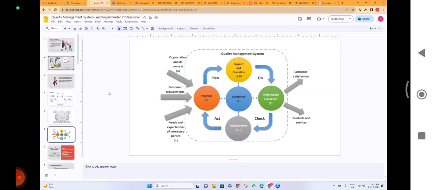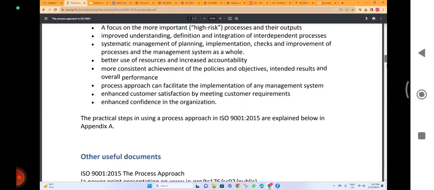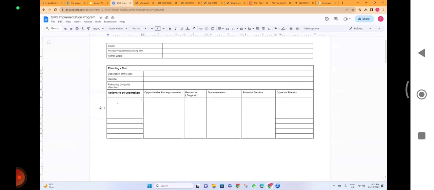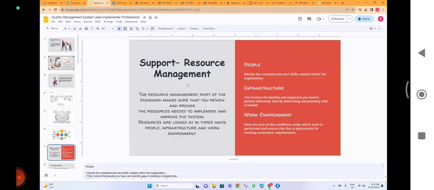So what I'm going to do right now is look into the what. I'm now going to start looking into the guidance. At this point, we are now going to go one by one into these 12 steps that you can use to formalize a quality management system. And I'm also going to show you how you can record them on this project plan here. So we are going to start off now with support and resource management.